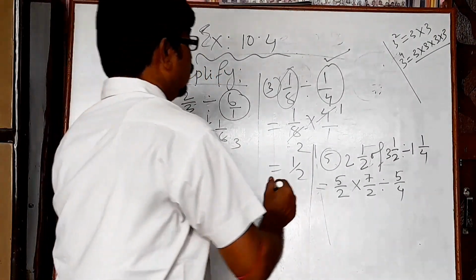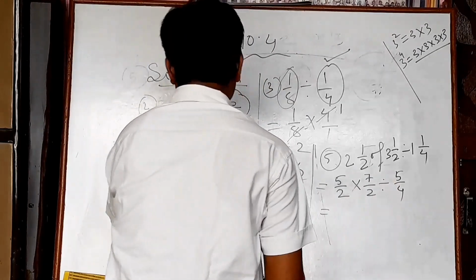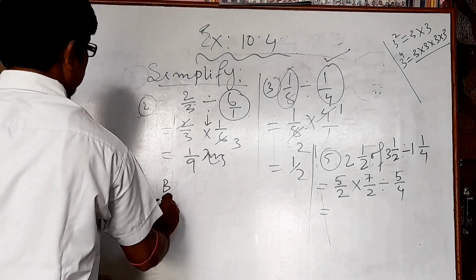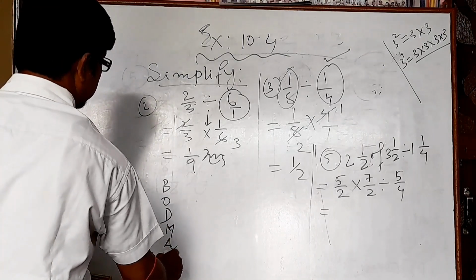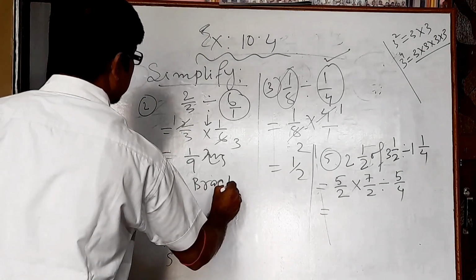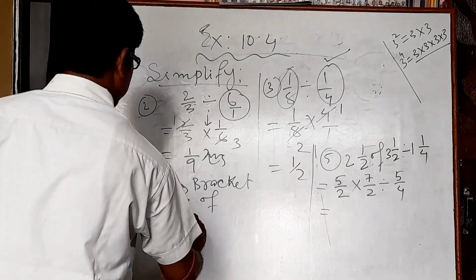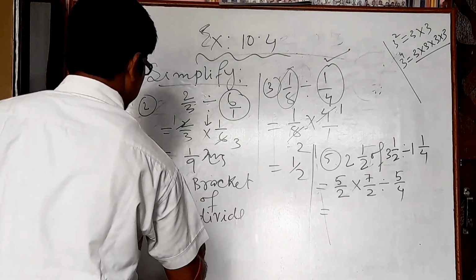Now do the next thing. Here you have to follow this rule also, the BODMAS rule. B means bracket. Remember that. O means of. D means divide. M means multiply.